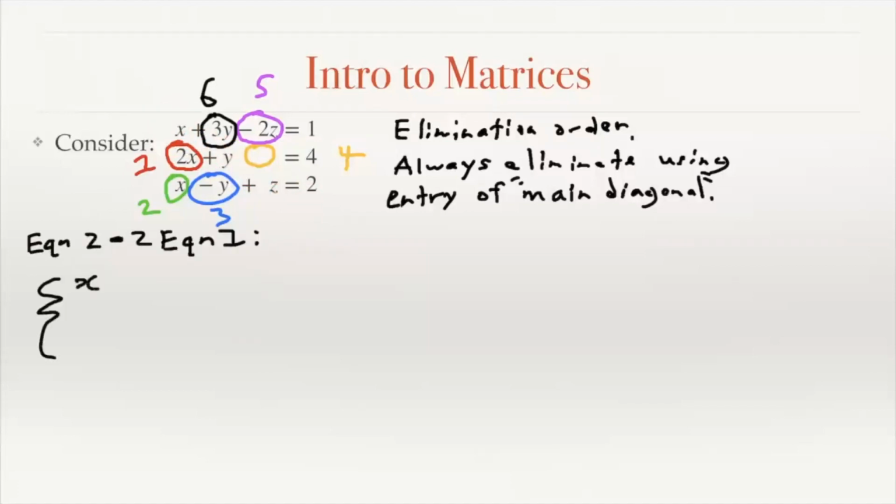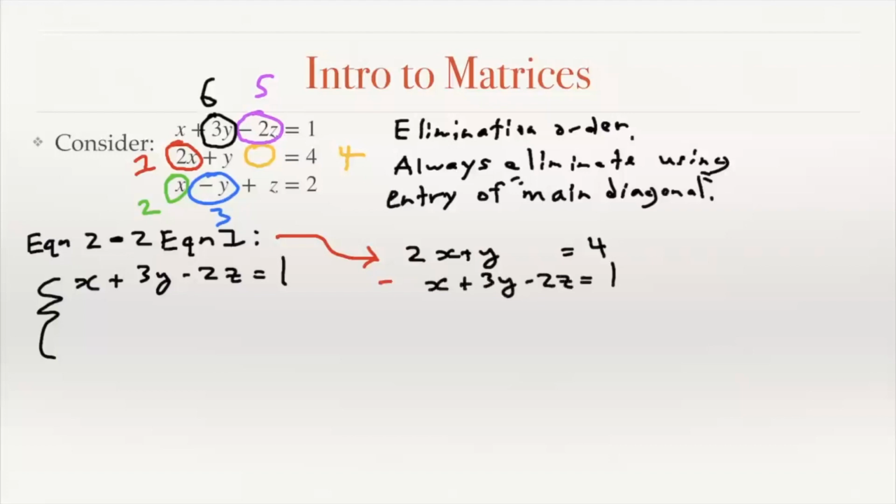And that will convert the system into the following. So equation 1 remains unchanged. We're not actually doing anything to it. Instead, we're just using equation 1 and subtracting 2 times equation 1 from equation 2. So to be clear, this step looks like this. We are subtracting 2 times the first equation from the second. And then we have 2x minus 2x goes away.